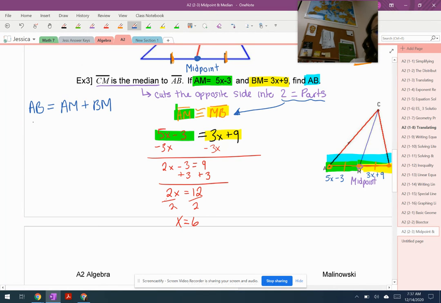So AB is going to be equal to AM, which is 5x minus 3, plus BM, which is 3x plus 9. I'm just going to do some highlighting real quick to keep this all in order.